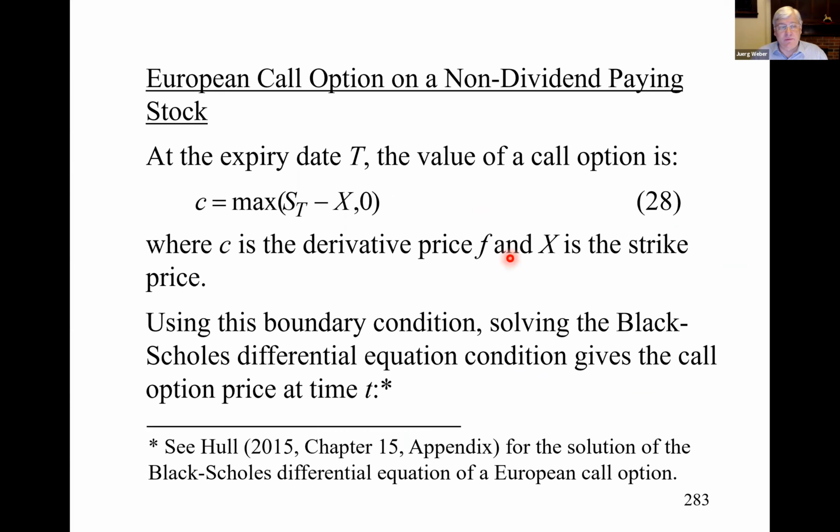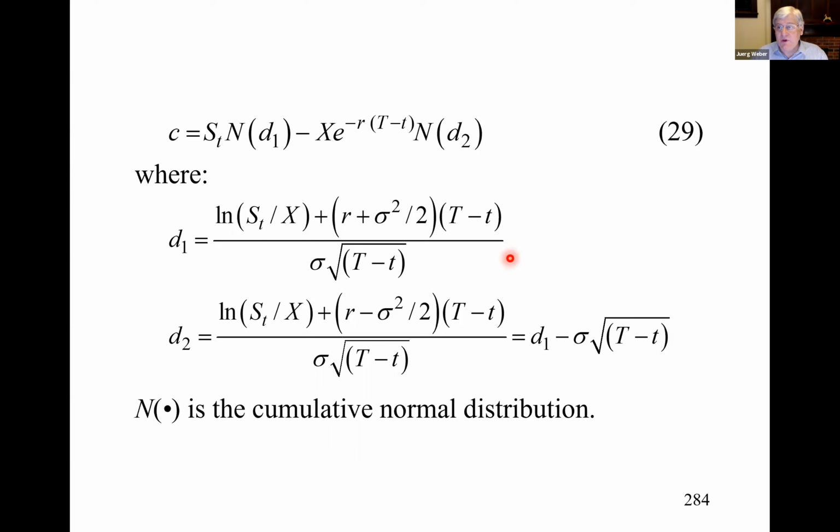We know here from equation 29 the solution for the call option. We also would like now to know the solution for the put option. Now we don't have to solve the differential equation for the put option. What we can use is actually put call parity directly. And then we get the price of the put option.